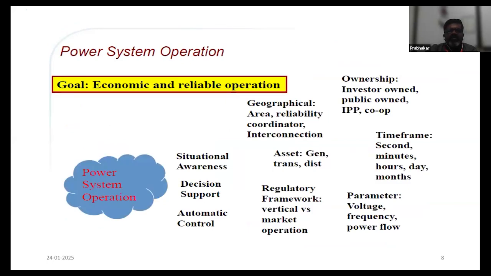So we always aim for an economic and reliable operation. So there are different areas. The parameters, if you take the voltage, frequency, and power flow, these are the main parameters, as we are now talking in terms of a system, the whole power system network. So we are talking about the voltage and the frequency. When it comes to the regulatory framework, then market operation is there. As you all know, now most of the power flow is happening through the open market.